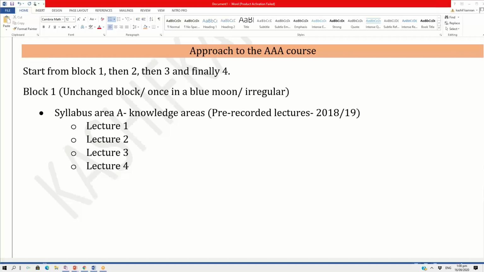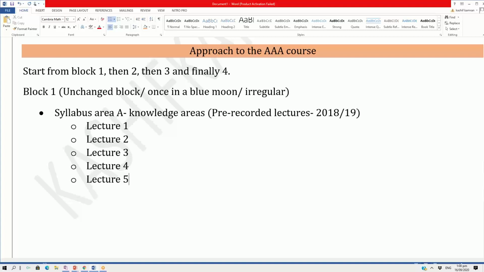Okay, fine, there are 5 lectures, so lecture 5. There are a total of 5 lectures, which make up block 1, the knowledge block. Syllabus area A covers every topic of syllabus area A. And again, this is an unchanged block, irregular, once in a blue moon.